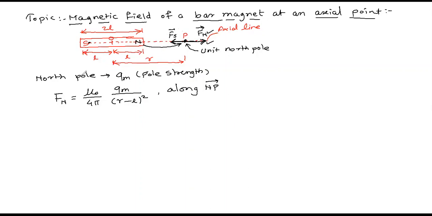Now according to Coulomb's law, the magnitude of the force due to the north pole is given by Fn equal to mu0 upon 4 pi, Qm upon (r minus L) whole square.